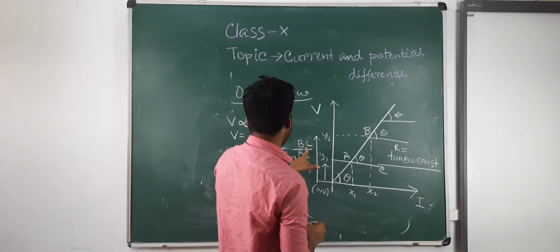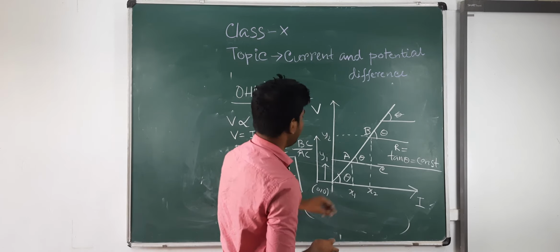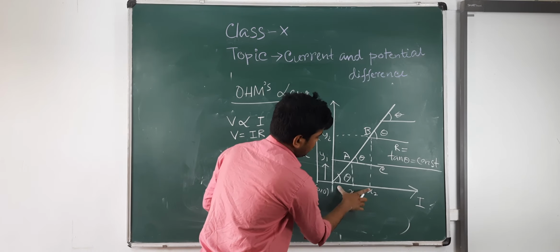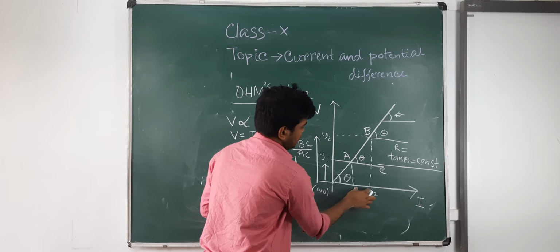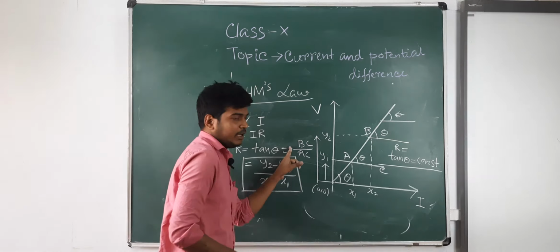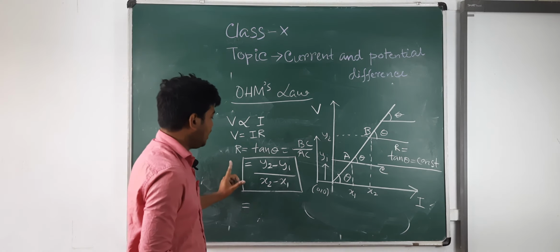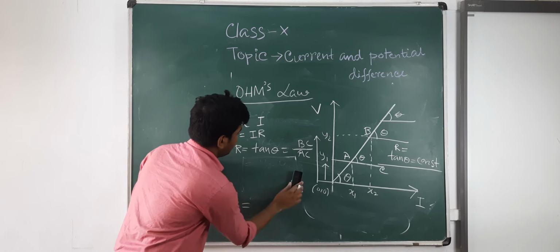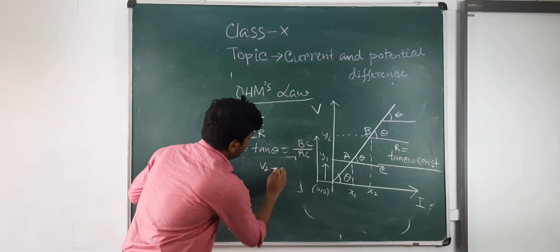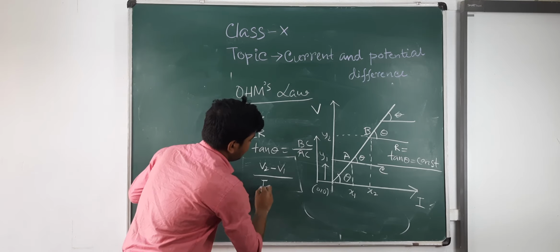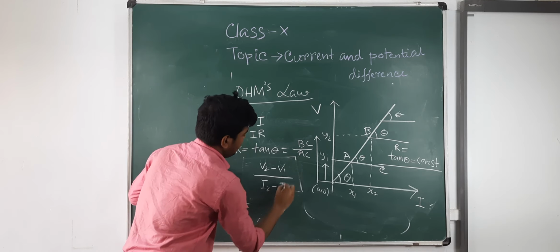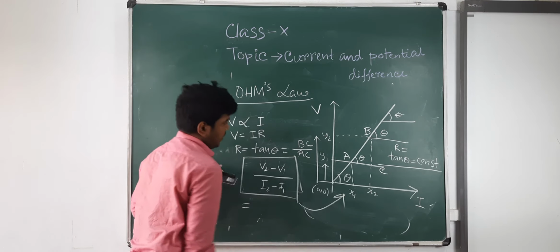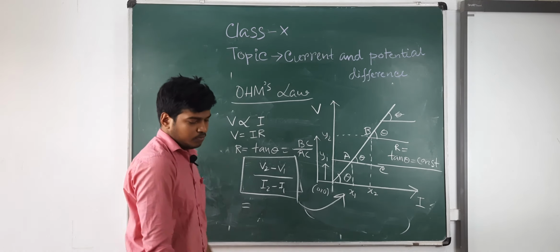So BC is y2 minus y1. And AC is x2 minus x1, this length. So this will be the value of tan theta. So R will be y2 minus y1, or you may say V2 minus V1 by I2 minus I1 from this graph. This is Ohm's law.